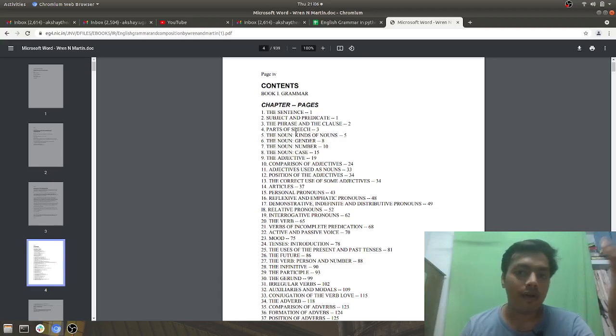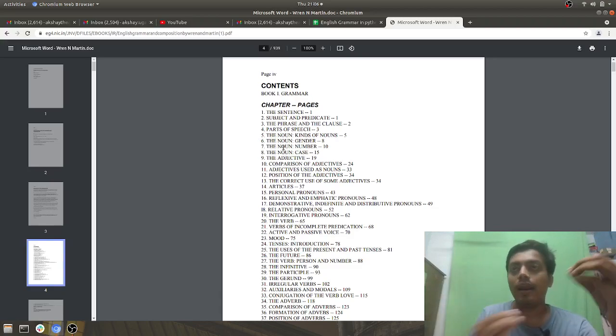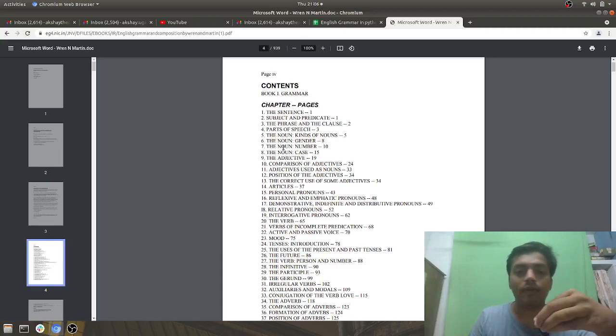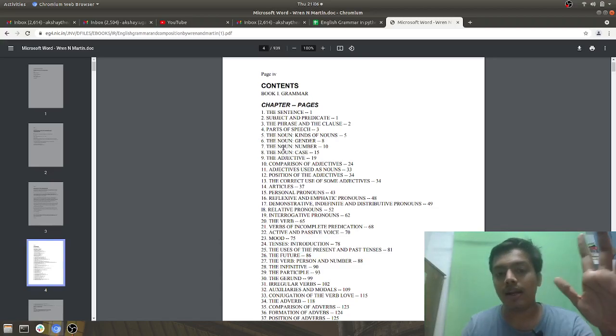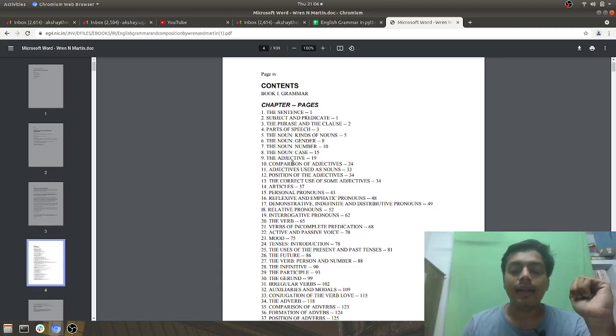Parts of speech, very easy. You have POS tags. Nouns, very easy. With the parts of speech, you can identify all the nouns, whether abstract, compound, or complex. Then the next thing is adjective. Same, you have POS tags. You can identify the adjective and also the type of it. Then after adjective, you have articles.